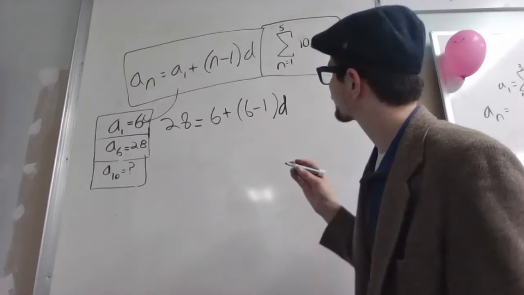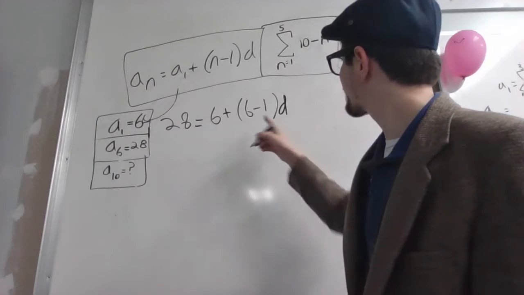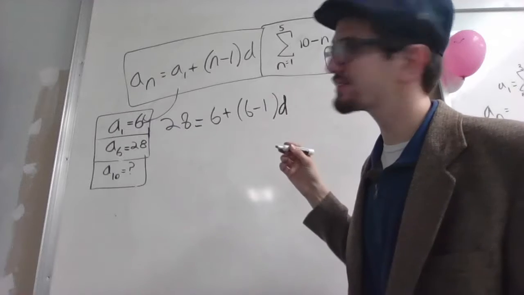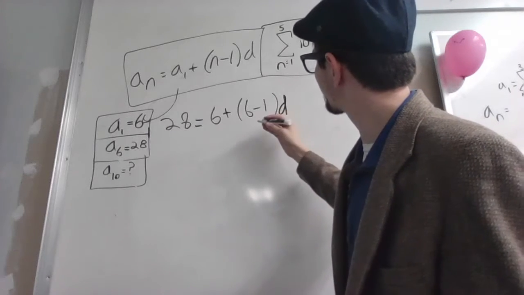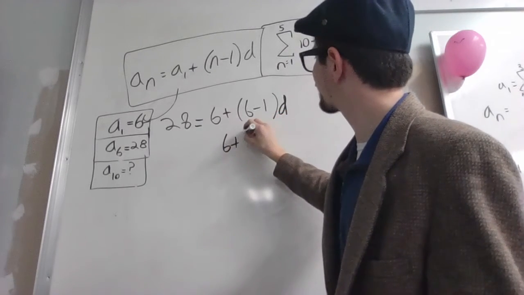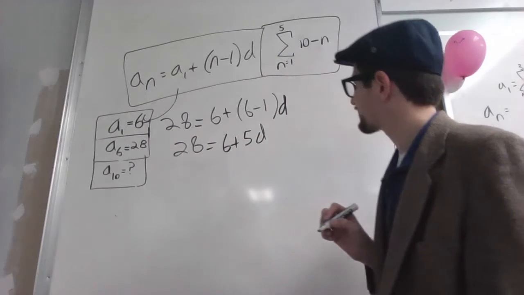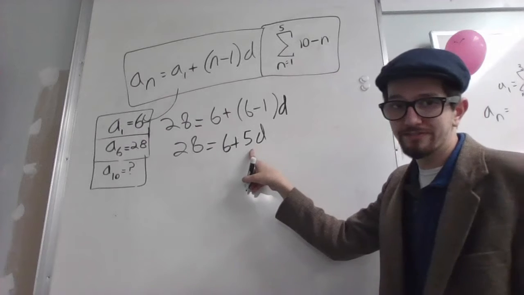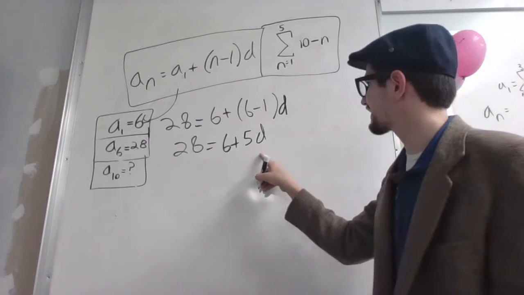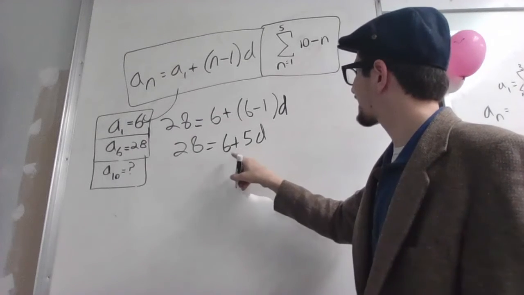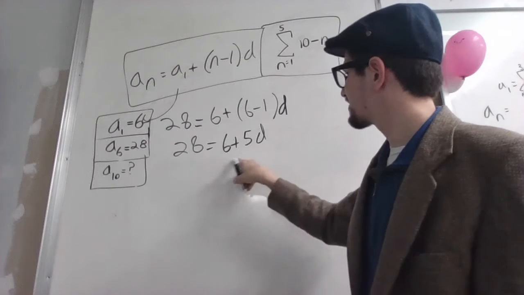So let's do it. First step here would be simplify parentheses, because PEMDAS. So 6 minus 1 would give me 5. So that would be 6 plus 5d equals 28. I can't do anything with this 5 because I can't do multiplication or division until I get rid of my subtraction and addition. I got to move this 6 to add 28 to make like terms.